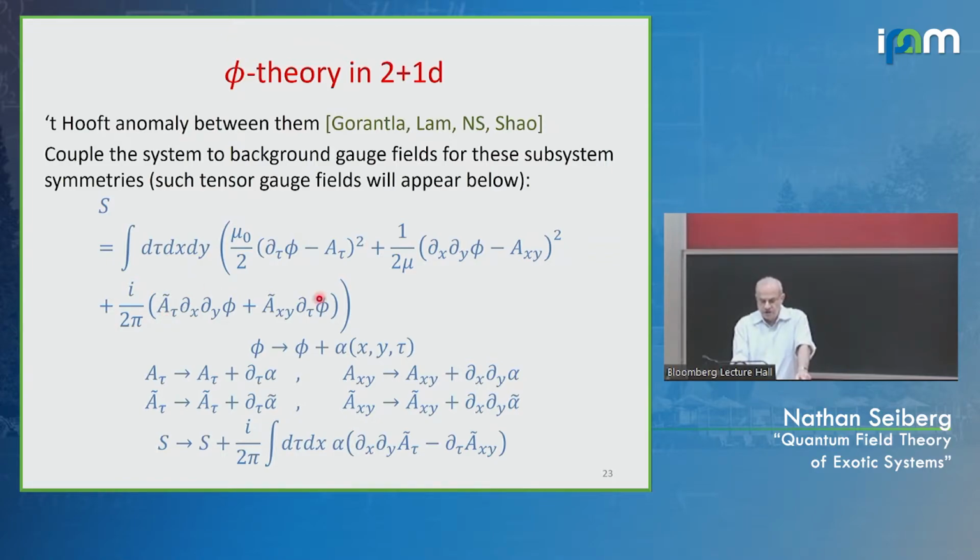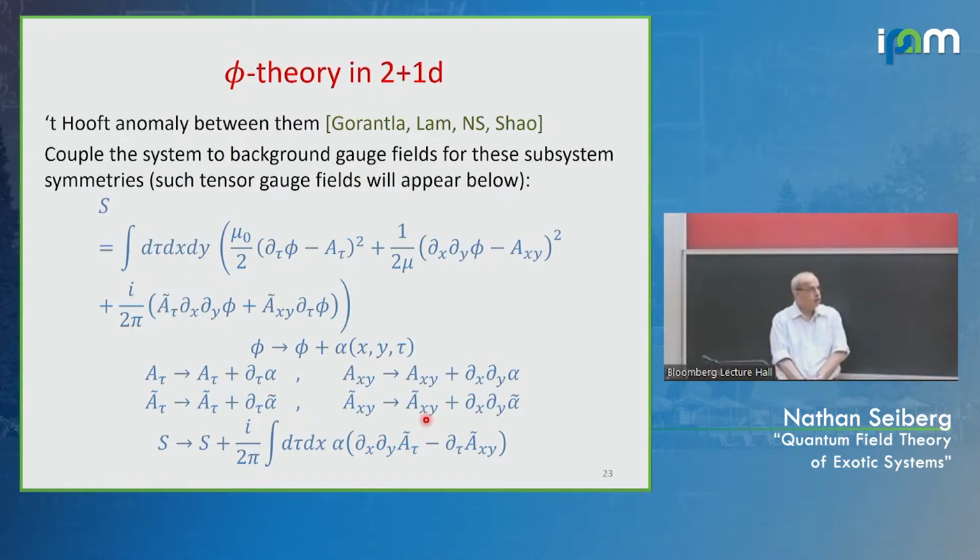This term is invariant under alpha tilde transformation, but not under alpha transformation. So the action transforms by what can be thought of as the field strength or the curvature of the gauge field A tilde. In other words, we have a 't Hooft anomaly between this momentum and winding symmetry.